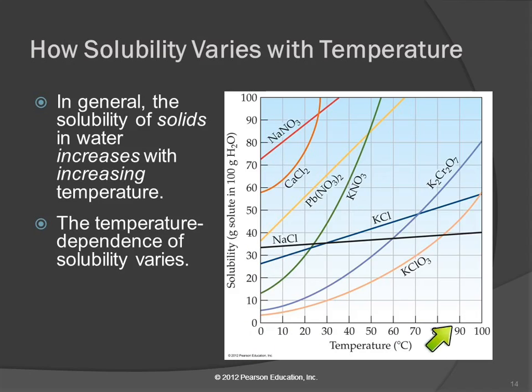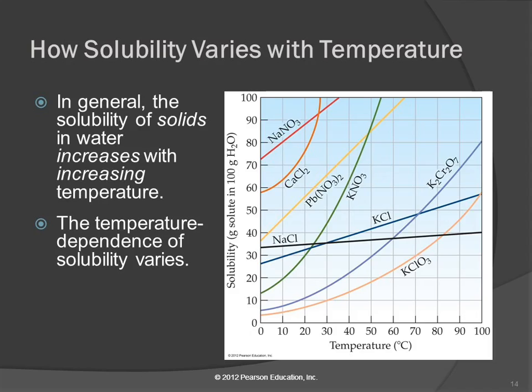We have temperature on the x-axis and solubility in grams of solute per 100 grams of water on the y-axis. And we see that the solubility of sodium chloride does not change very much between freezing water and boiling water. The whole range of water in the liquid state goes from what, maybe 33 up to about 40, not much change.